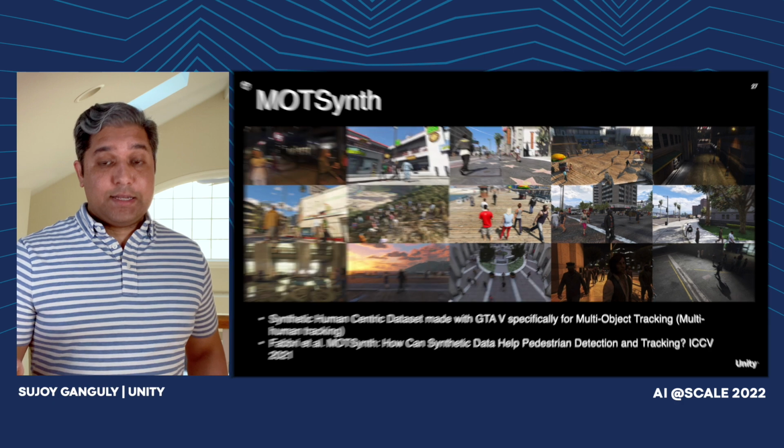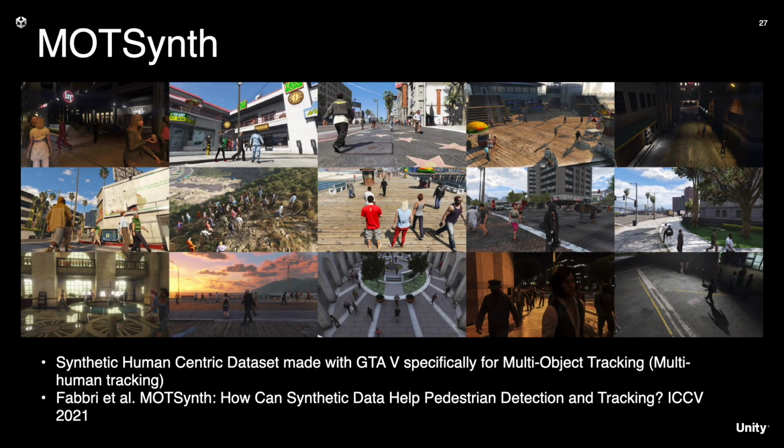Now, one of the data sets we've compared there is another synthetic data set called MOTSynth, which is far more structured than PSP is by default. MOTSynth is a data set generated using the GTA 5 game. It's specifically designed for multi-object tracking, specifically multi-human tracking, comes with a wide range of labels, and was published at ICCV in 2021.